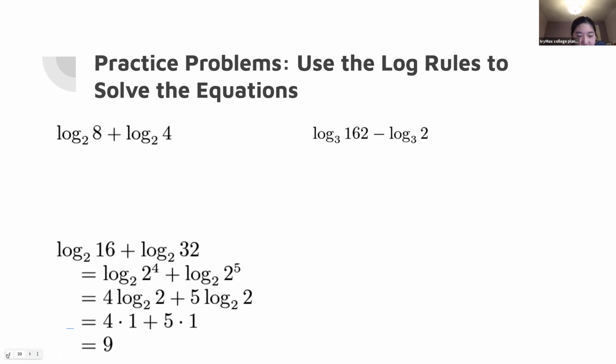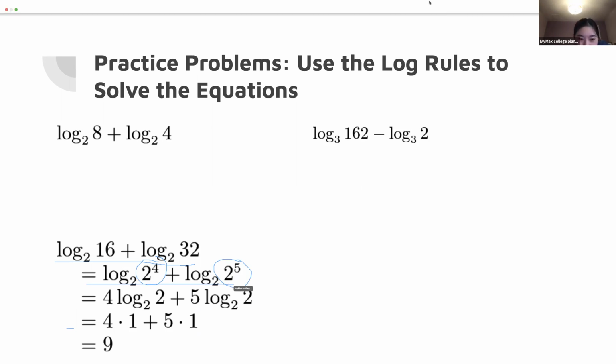Okay, so first of all, look at this one. You can see that you can change the 16 and 32 to the same number. That way you can cross out the things that you don't need to care about. So right here you can change 16 to 2 to the 4th power, and then you can change 32 to 2 to the 5th power, which is already showing you right here.